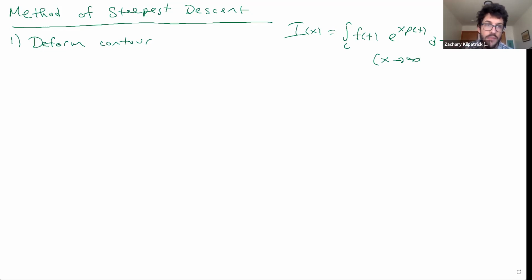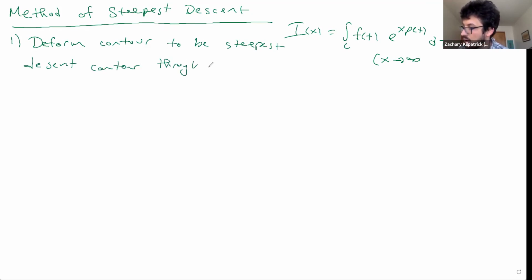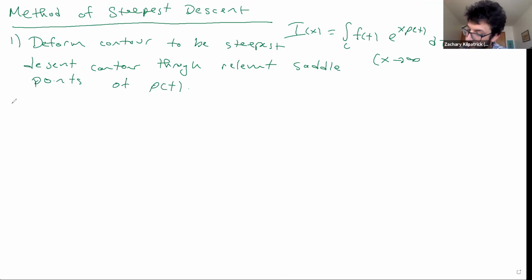We want to look for saddle points of this function and deform our contour to be the steepest descent contour through the relevant saddle points of rho of t. Now, it may be that you don't have any relevant saddle points, in which case we'll explain what to do.